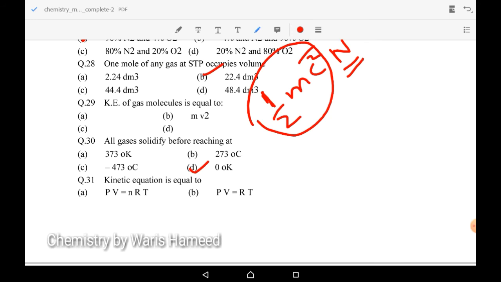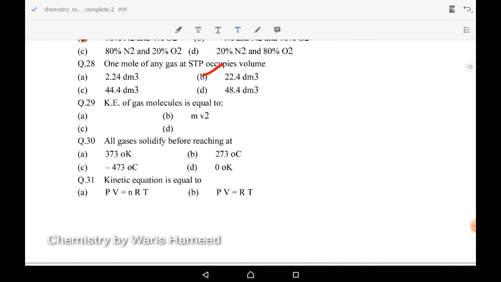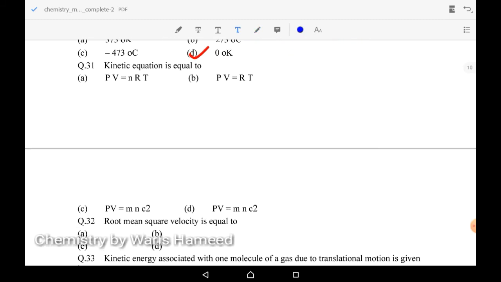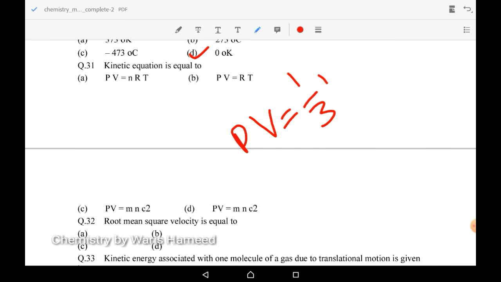Next, the kinetic equation actually is PV is equal to 1/3 m n c square bar.